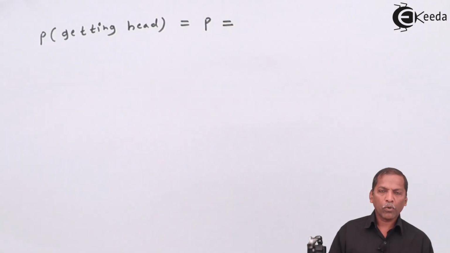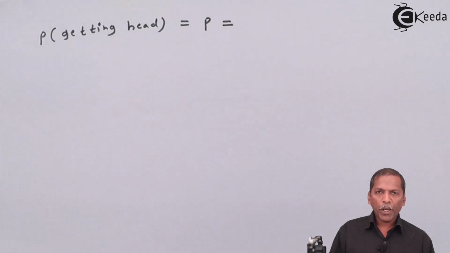Now when a coin is tossed, our sample space must be head and tail. It means in that case n of S is equal to 2. Now here I consider A as an event of getting head. So in that case n of A must be 1.